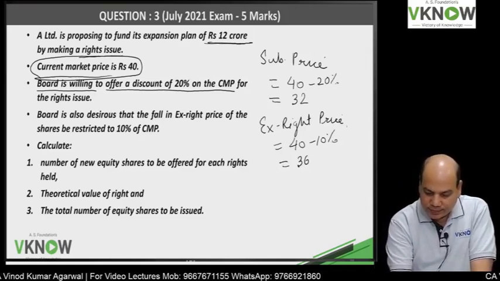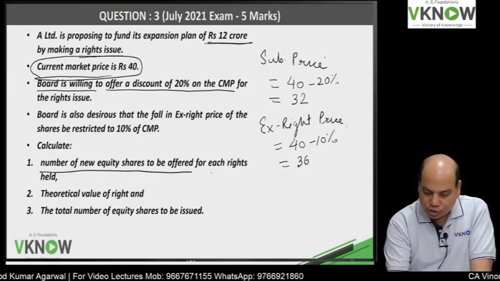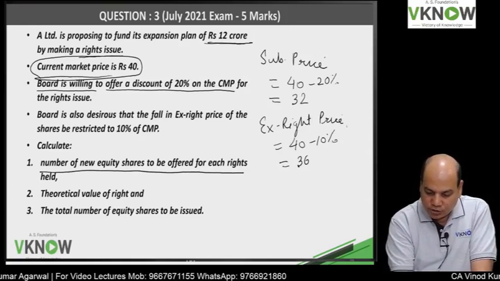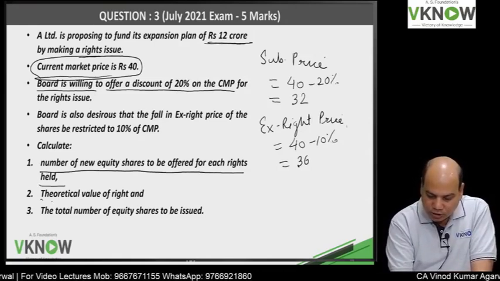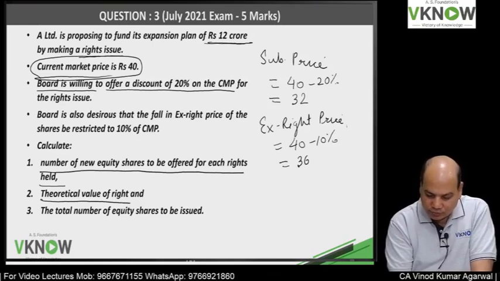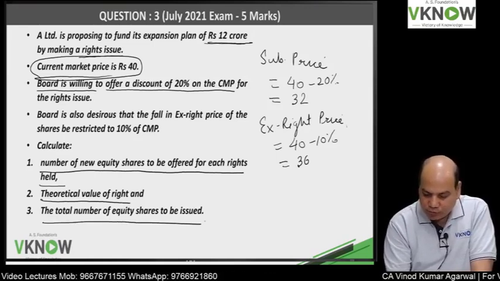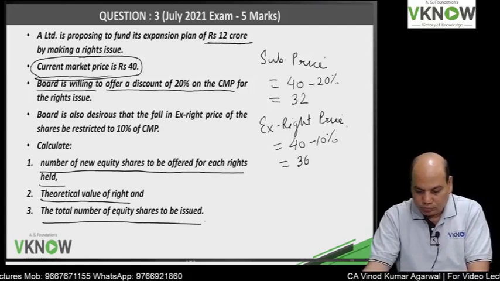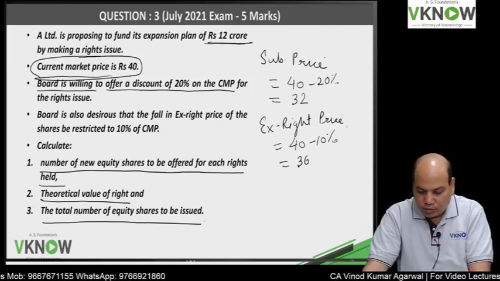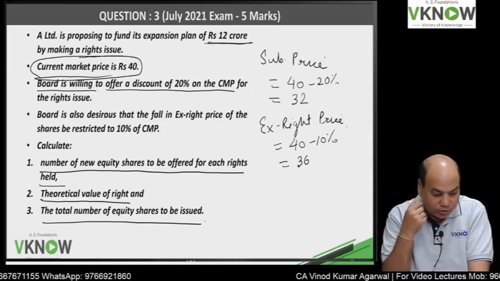Calculate the number of new equity shares to be offered for each right held. Then the theoretical value of the right and the total number of equity shares to be issued. So please solve first yourself.